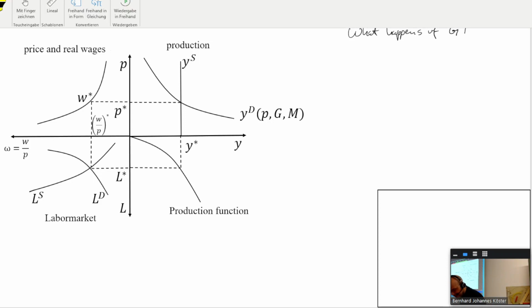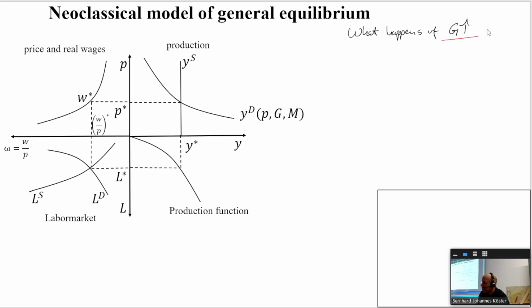Let's do this in red. Again, as we always have done it, we have to identify which function, which curve will be where we find a direct impact in this model. So in which function we find explicitly government expenditure.